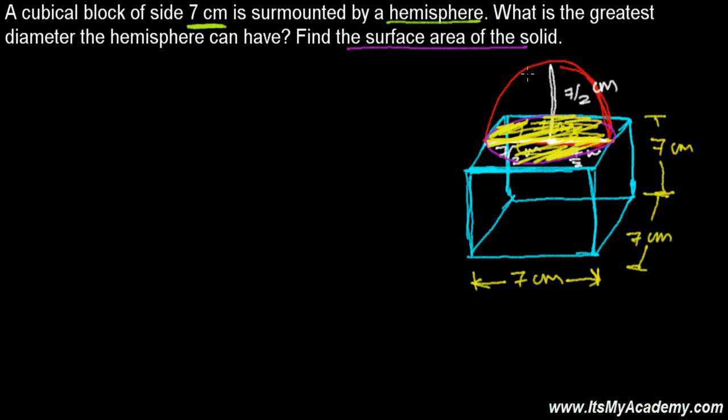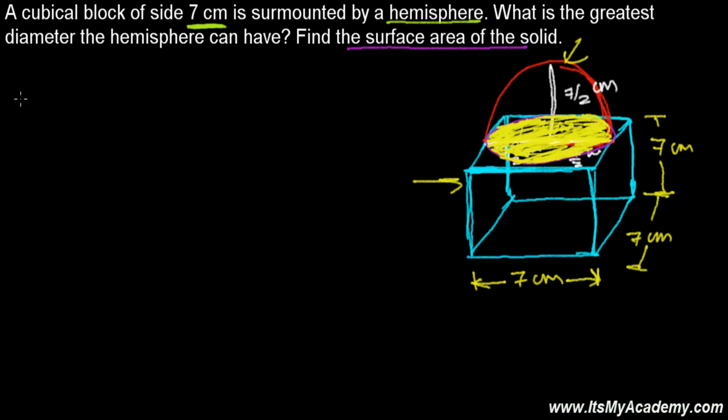The visible parts are this hemisphere and this cube. This part is hidden. This is the base of the hemisphere on which it is standing. So we need to subtract this standing base. Keep in mind that.